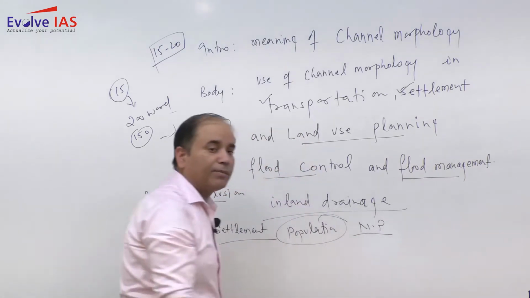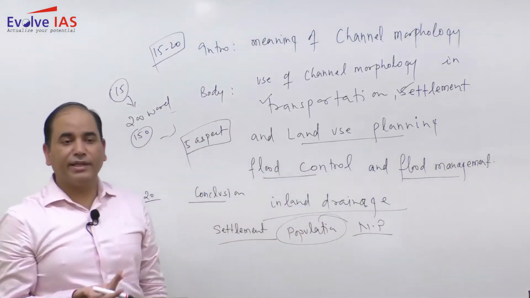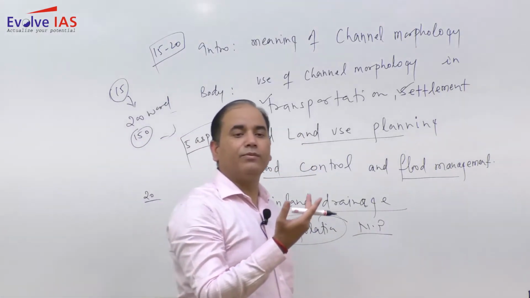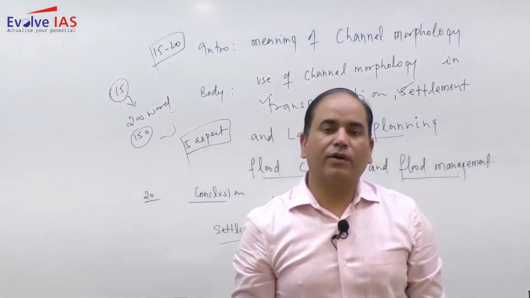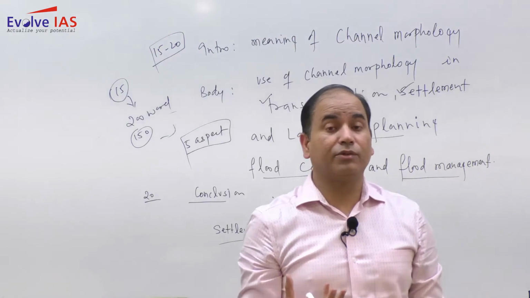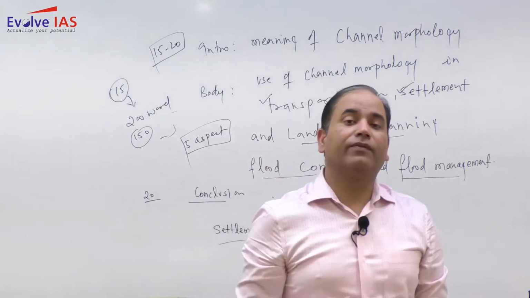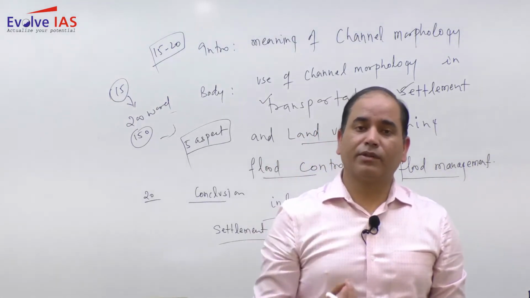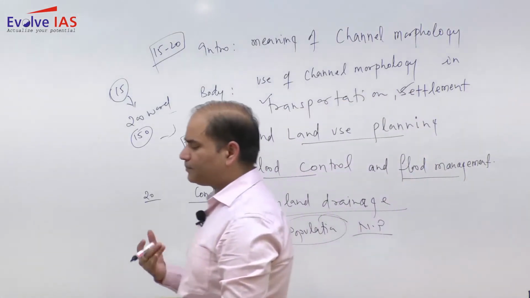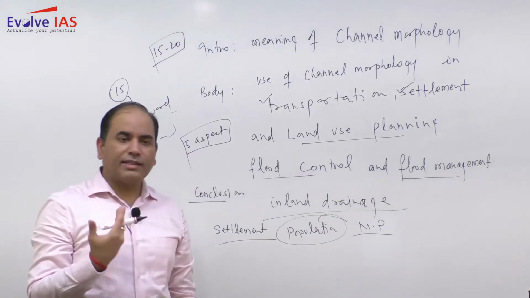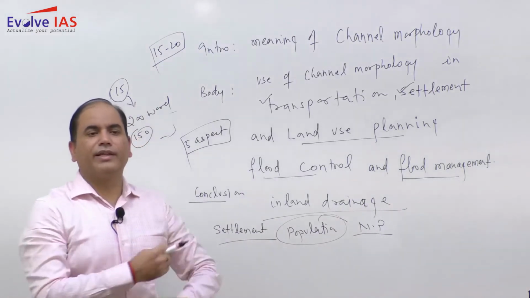And why in the northern plain? Because in the northern plain rivers are perennial in nature. Rivers have water throughout the year, so people have access to water for irrigation and for drinking purposes. So knowledge of channel morphology is also useful here.